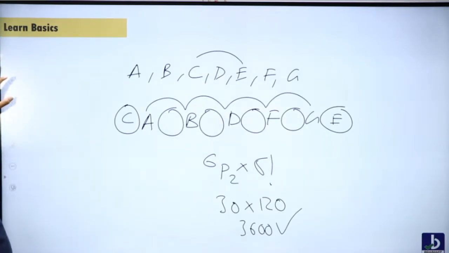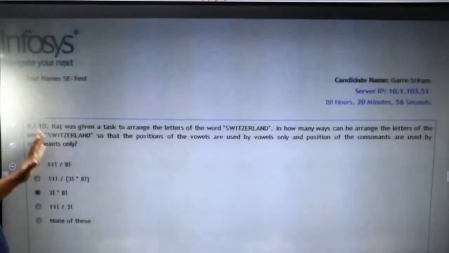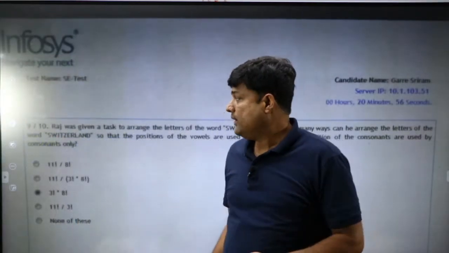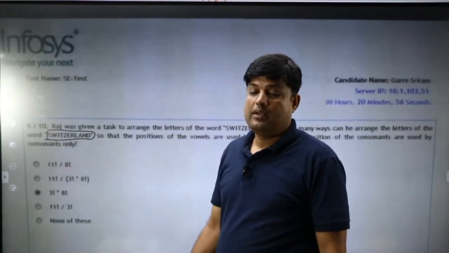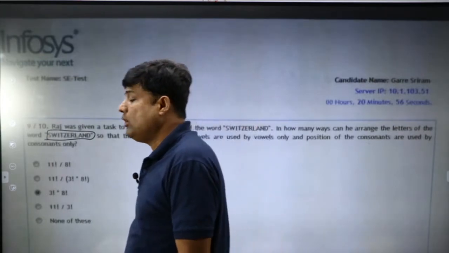What to do next? He's asking you this question: in how many ways is Raj given a task? I'm not telling you, students, you just look here. This question was given in Infosys. One of the students has shared the answer. Raj has been given a word, Switzerland. In how many ways are the positions of vowels the same or not?